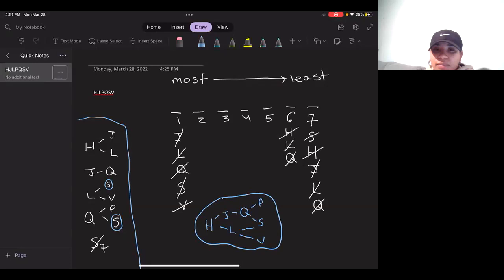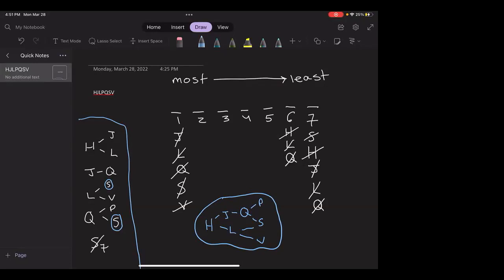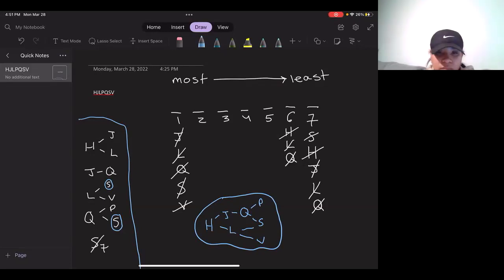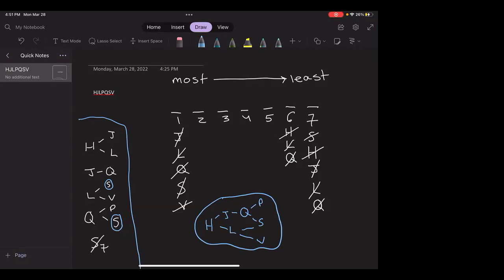Okay. So now that we've got this put together, let's talk about our inferences. Let's take a look at line 7, spot 7. We have 1, 2, 3, 4, 5 people who cannot go in 7th, right? But how many people total are we dealing with here? 7, right?